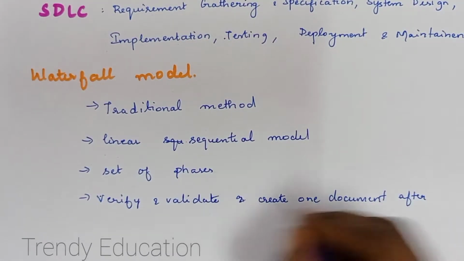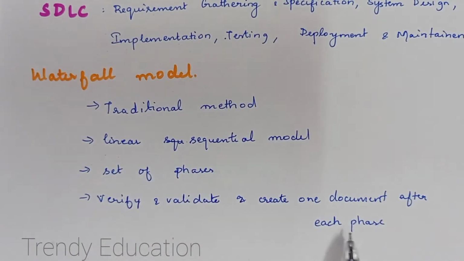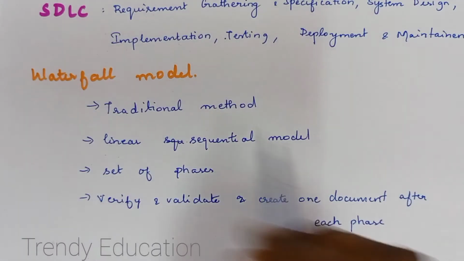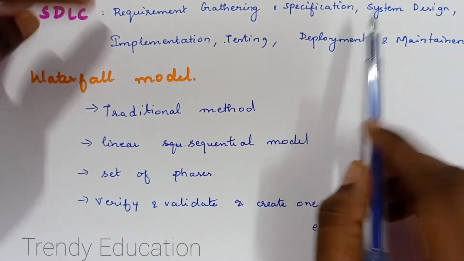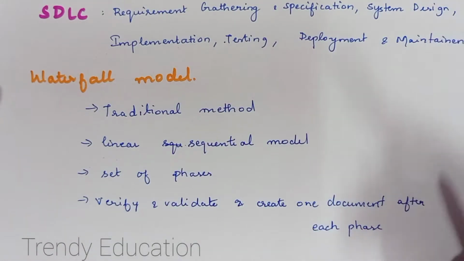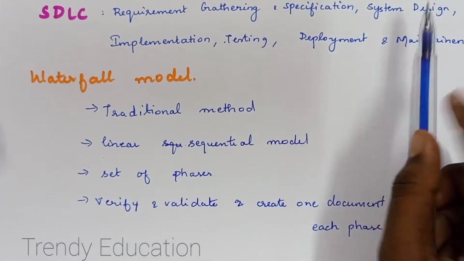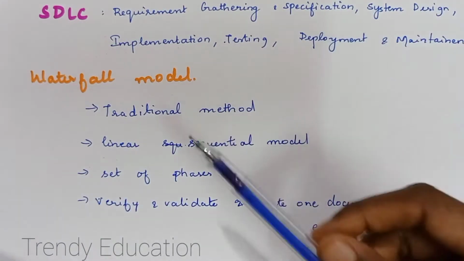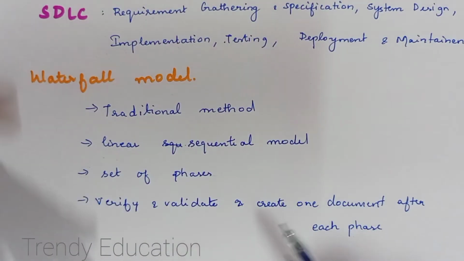Once the phase is finished, they verify and validate what they did, create a document, and submit it to the design team. The design team does its work, verifies and validates, and creates one document. After that they submit it to the implementation team. That's what they do in the waterfall model.